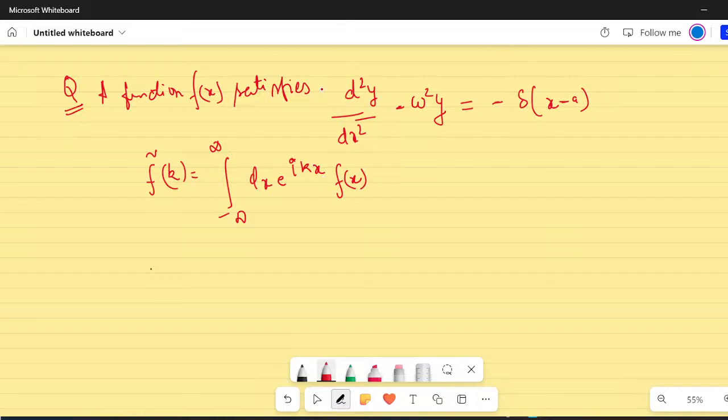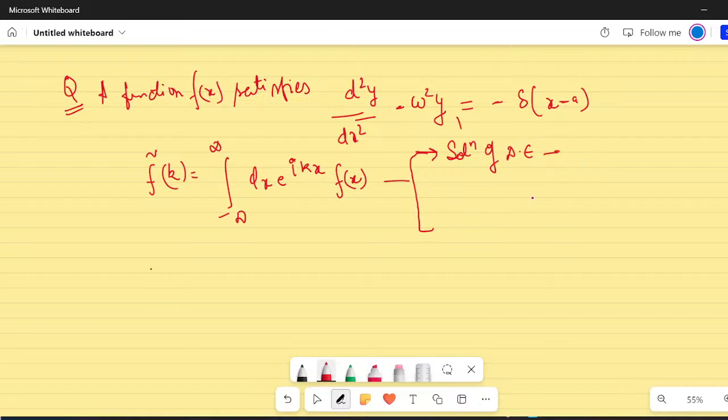Now you were supposed to find two things. First thing that the examination wanted from you was to find the solution of the differential equation, and I know the solution would obviously be f of x only.